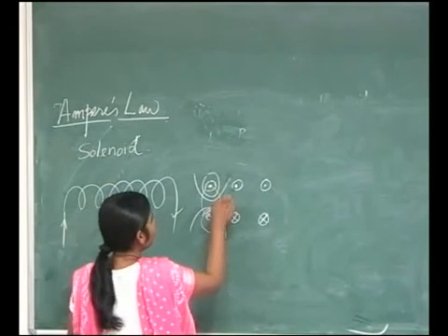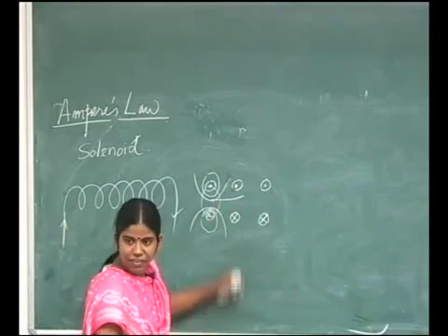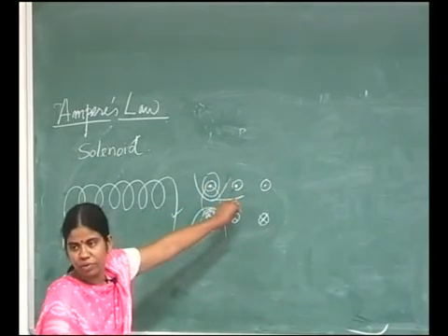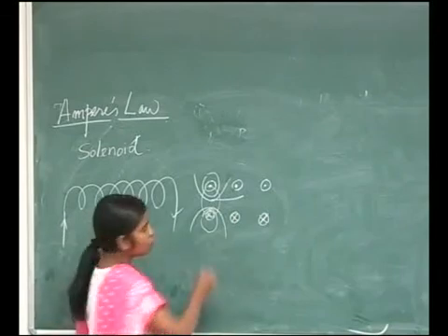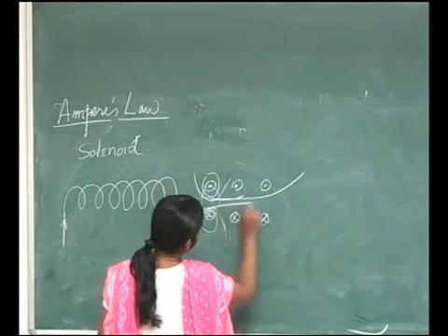It will reorient it like this. It will suck these fields going out into this loop, within the loop. Now the next loop would also want to do the same. So I will have fields now going like this.